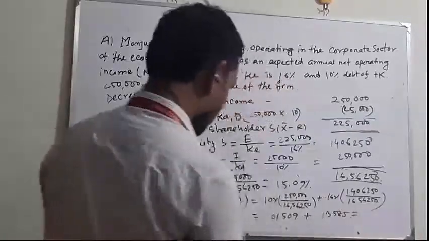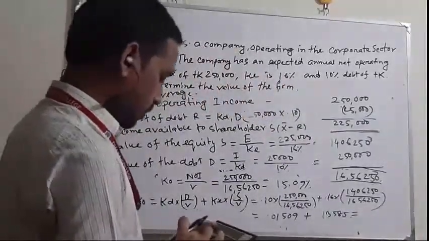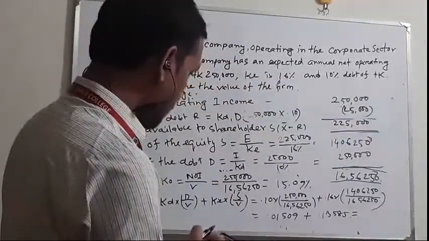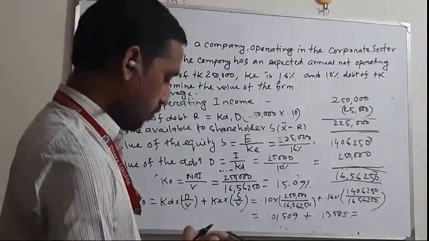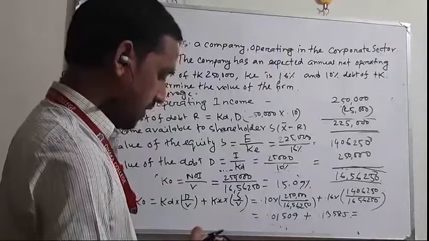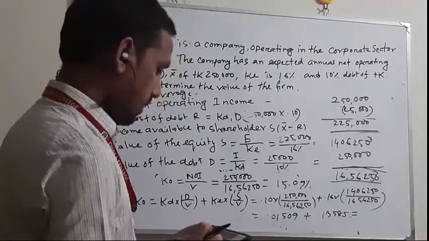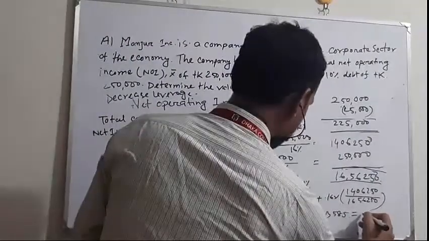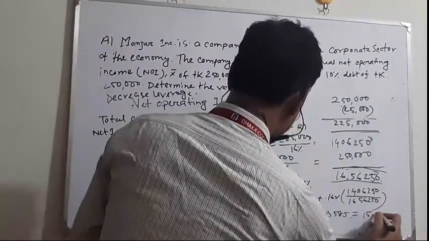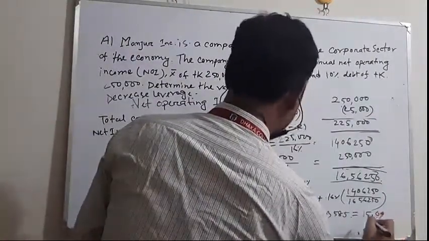So 0.01509 plus 0.13585. Okay, so 15.09%.